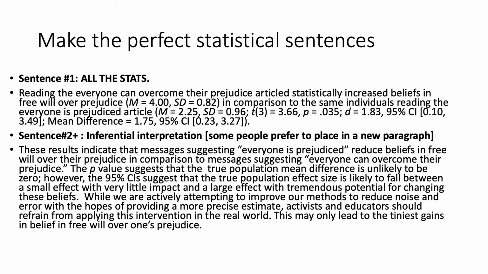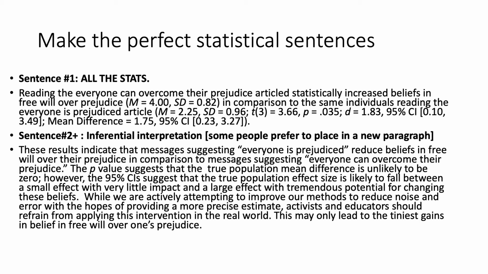Semicolon, d equals, space, 1.83, comma, space, 95%, space, CI, space, bracket, 0.10, because Cohen's d's can be larger than 1, comma, space, 3.49, bracket, semicolon, mean difference equals 1.75, comma, space, 95% confidence interval, space, bracket, 0.23, comma, space, 3.27, bracket, comma.